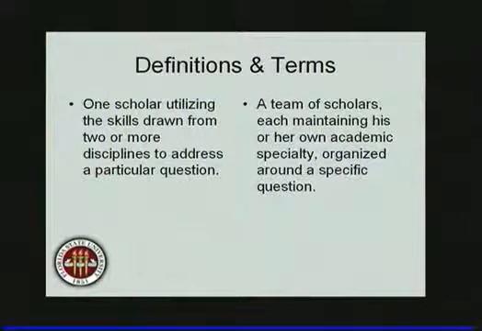One mode is to have one scholar utilizing the skills drawn from two or more disciplines to address a particular question. Here the scholar must be versed in more than one discipline, a challenge. A second approach is to have a team of scholars, each maintaining his or her own academic specialty, organized around a specific question.